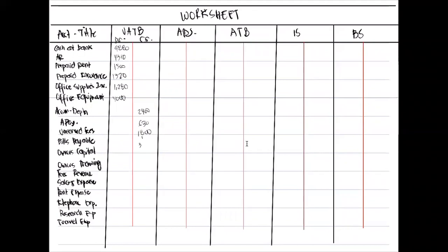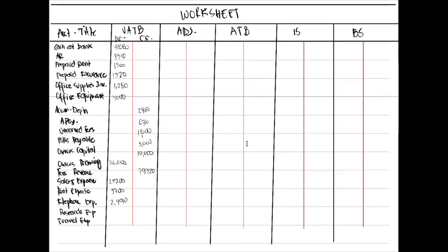Bills payable of 3,000. Owner's capital of 10,000. Owner's drawing of 36,000. Then we have your fees revenue of 79,320. We have your salary expense of 25,200. Then we have 5,000 for rent expense, 2,490 for telephone expense. For research expense, we have 4,310. And for travel expense, we have 1,860.